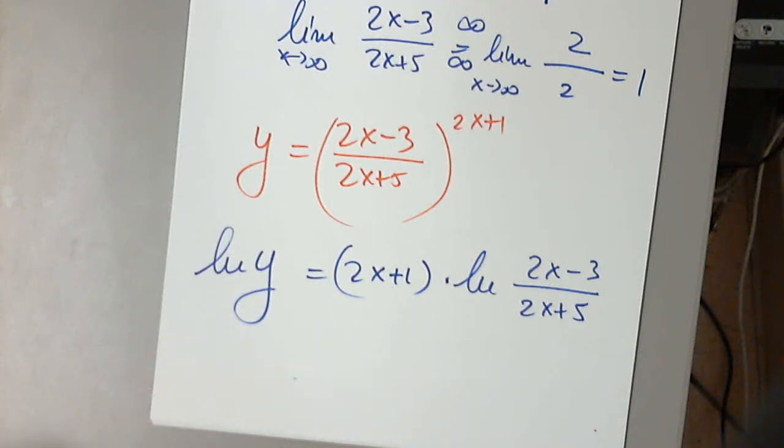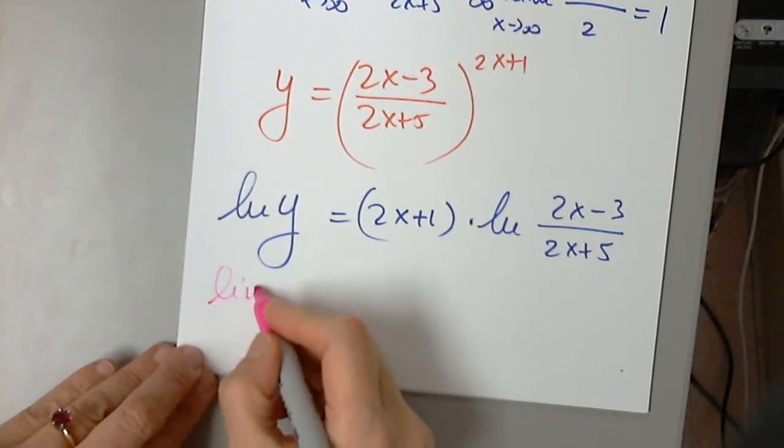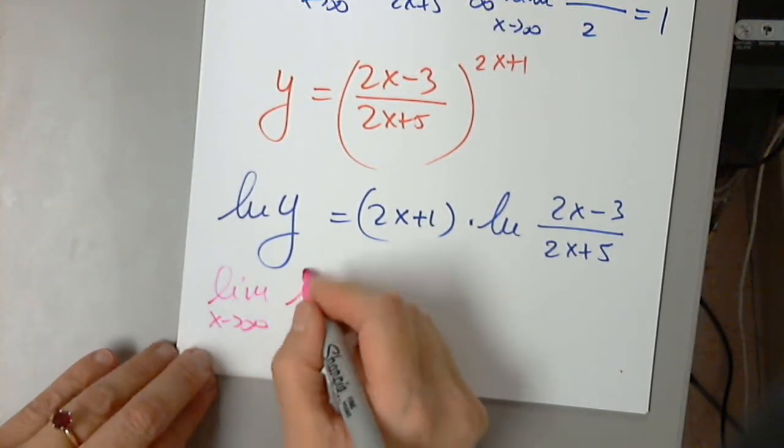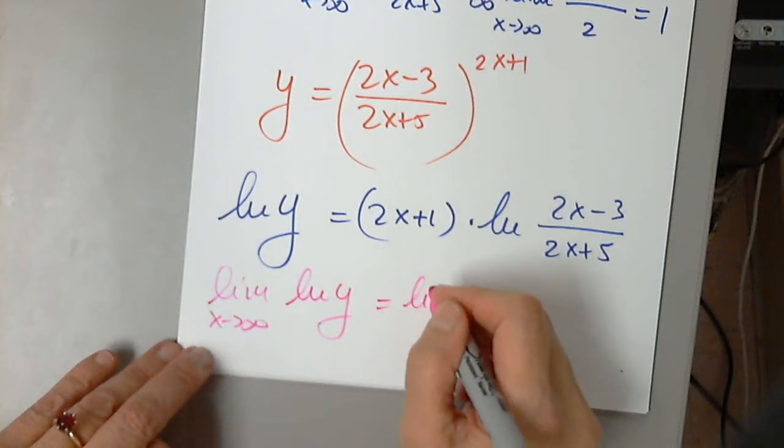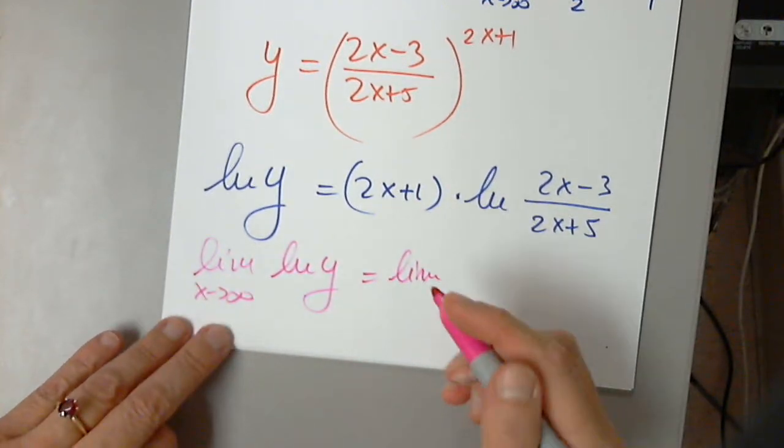Good, very good. Next step. I have y, I have natural log y. Apply limit to both sides. Excellent. So limit as x approaches infinity from natural log y equals limit of all this.